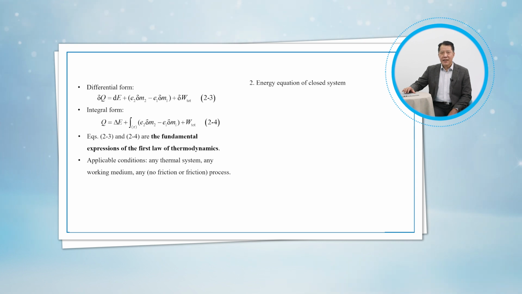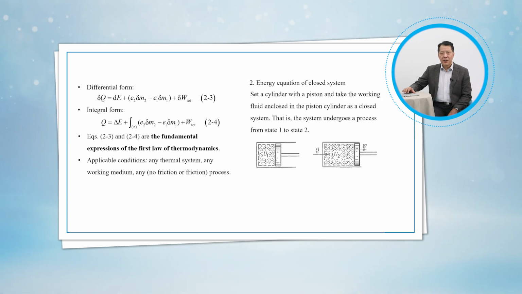The first is the energy equation of closed system. For a closed system, see the figure, of the piston cylinder system, the initial state is 1 and the final state is 2. That is, the piston cylinder system undergoes a process from state 1 to state 2.